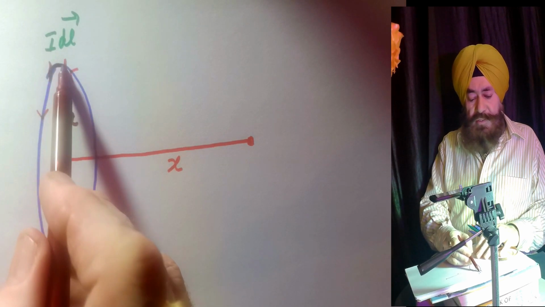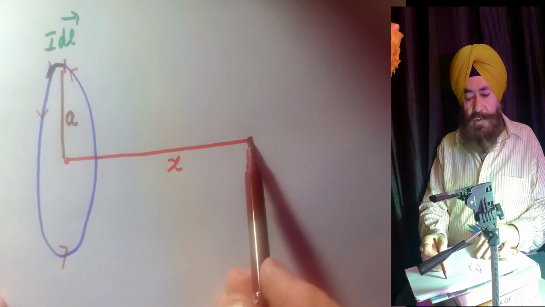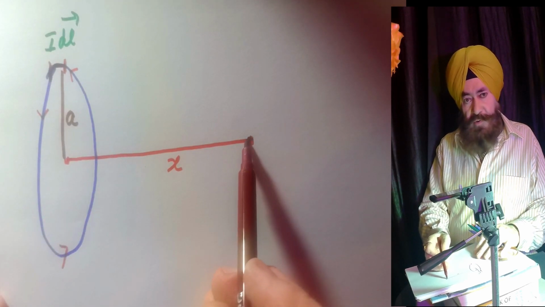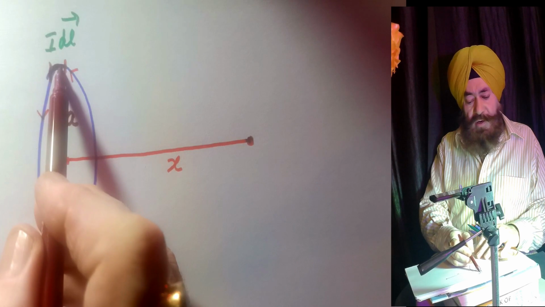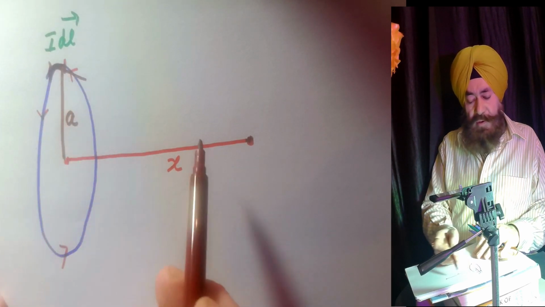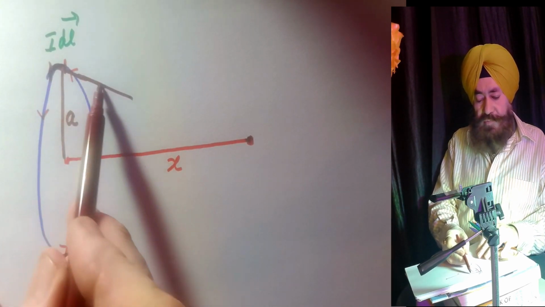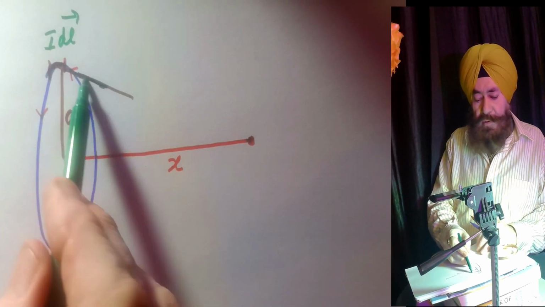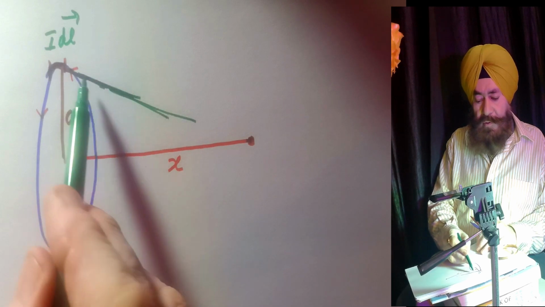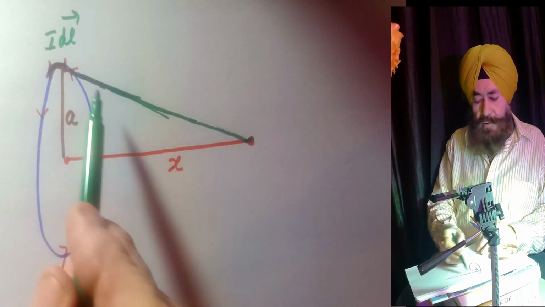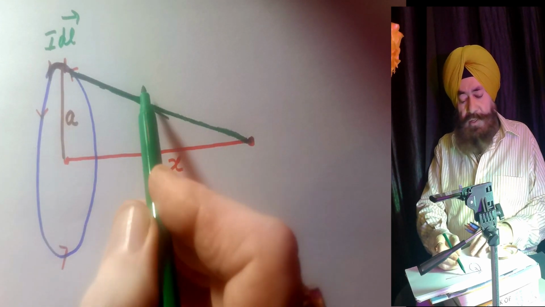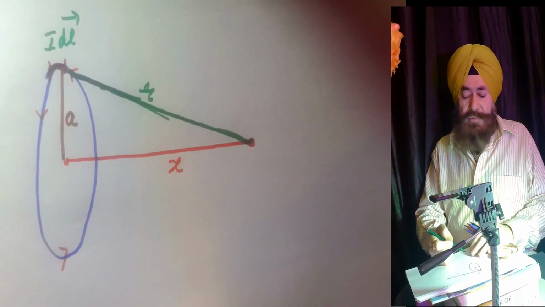Now this is the current element, this is the observation point. What is the distance of the observation point from the current element? Let this distance be r.